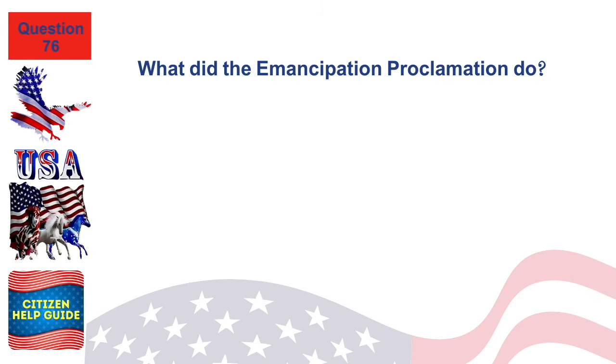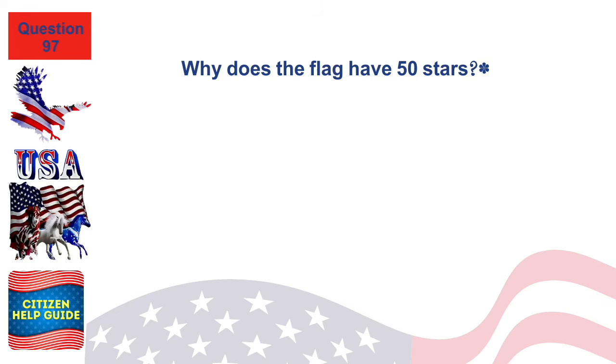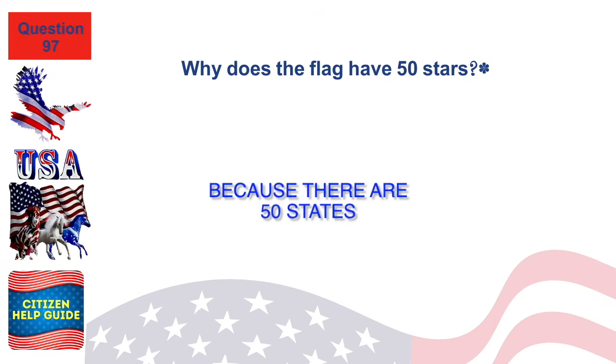What did the Emancipation Proclamation do? Freed the slaves. Why does the flag have 50 stars? Because there are 50 states.